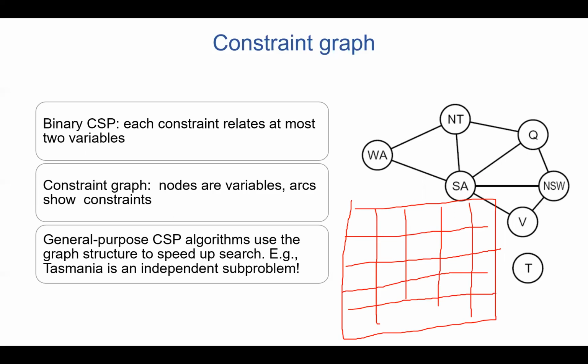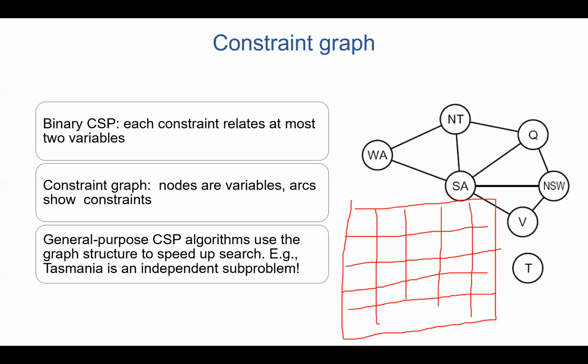Let's say we have a 5 queen problem, 5 by 5. Okay, so Q1, Q2, Q3, Q4, Q5, and then columns A, B, C, D, E. Right. So now you see here the constraint.